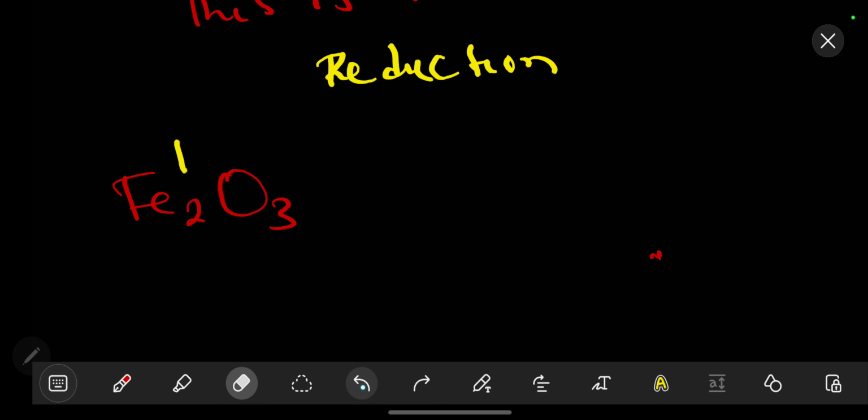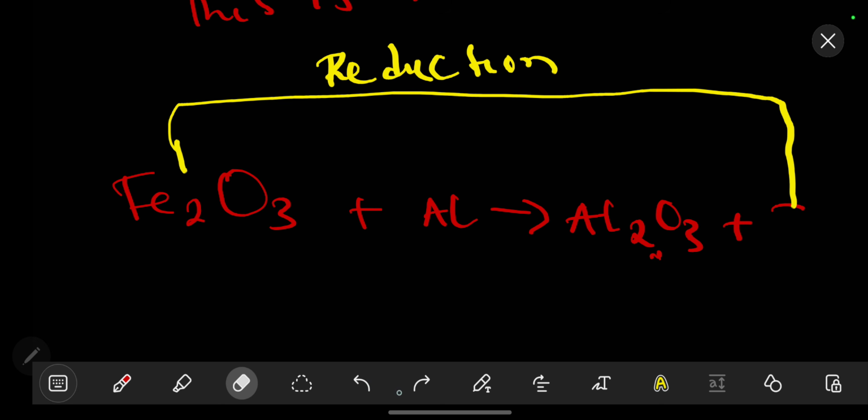Let's take this equation. If we have iron 3 oxide reacting with aluminium to produce aluminium oxide, then already, as you can see, on this part, since the oxygen has been removed, it is reduction.